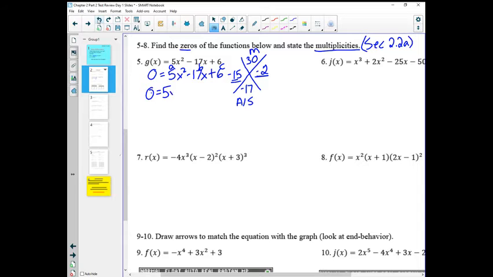So now I'm going to rewrite this polynomial. In place of negative 17x, I'm going to use the 2 factors, negative 15x and negative 2x, and bring that plus 6 on down. Now you'll notice we have 4 terms on the right side, which means we're going to use grouping to factor the right side. So group and group. The GCF of the first 2 terms is 5x.